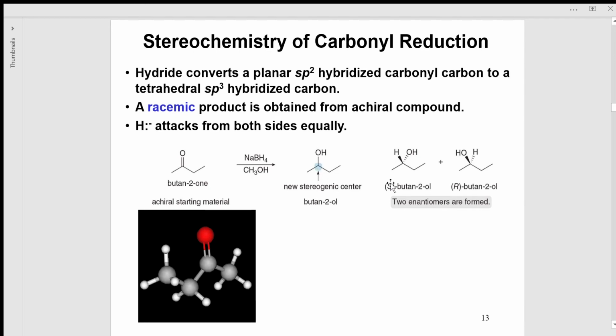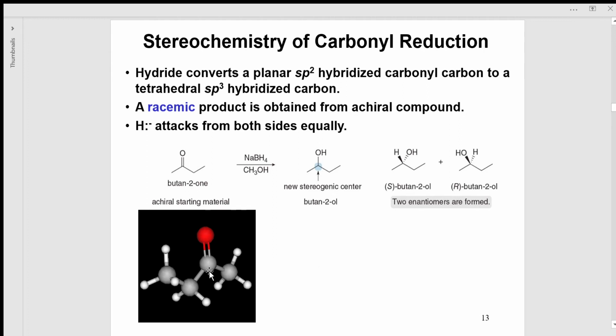So the hydride addition product could come from the front side or from the back side. This is one product, the hydride addition product attacked from the front side, or the hydride attacks from the back side, this side, to form the R group.